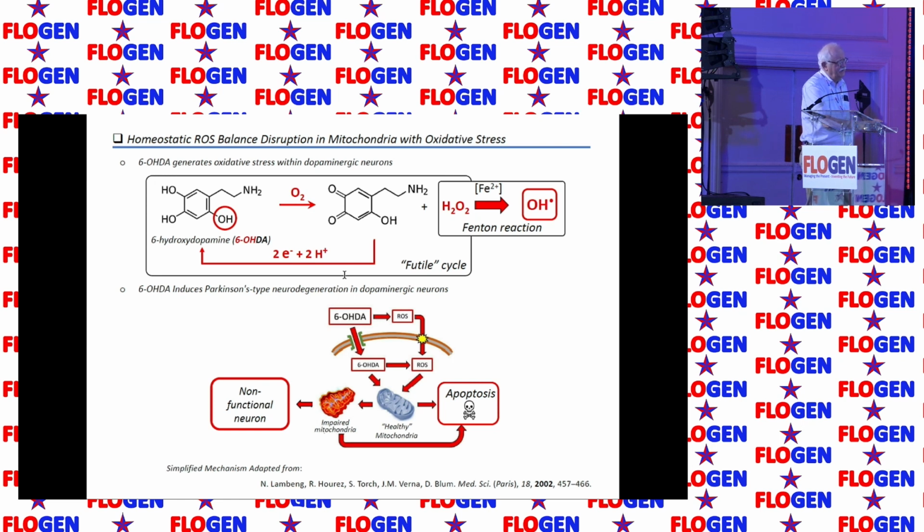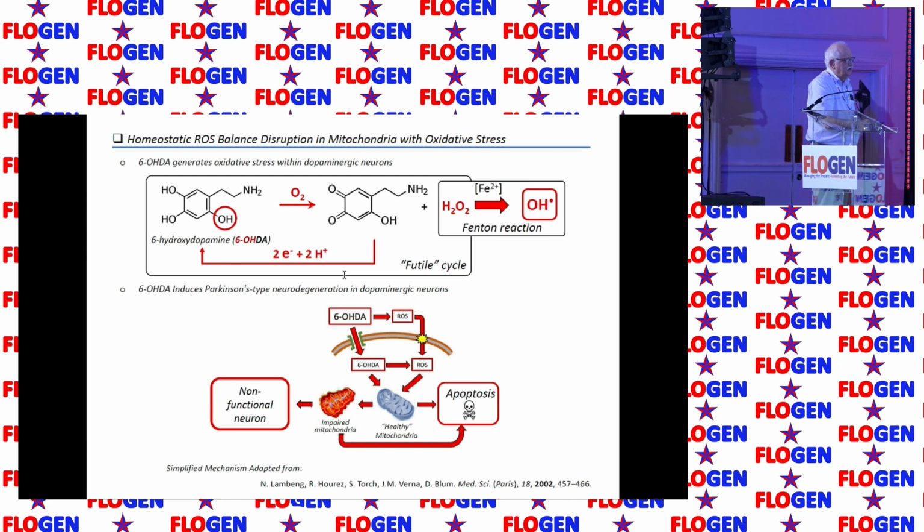Anyway, the mitochondria inside the neuron will receive that and either decide that the neuron is completely non-functional, starting the caspase cycle and so on to generate apoptosis, or the mitochondria will become impaired and the neurons will be non-functional.